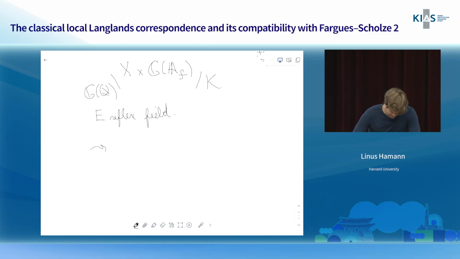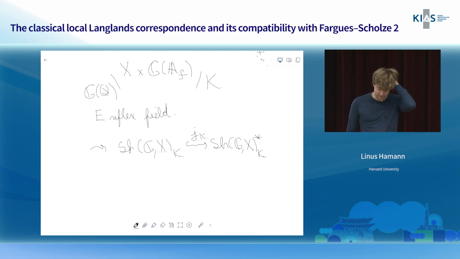And then this thing over here is going to descend to some smooth quasi-projective variety defined over this number field. So there's some S_K over here. And this thing even has some kind of compactification, which is projective.